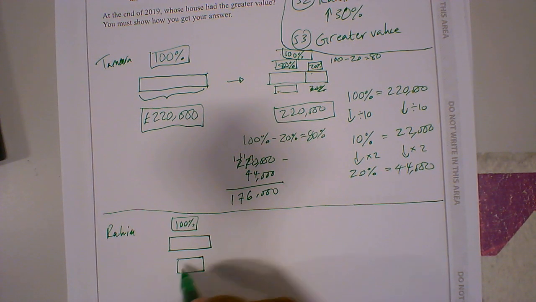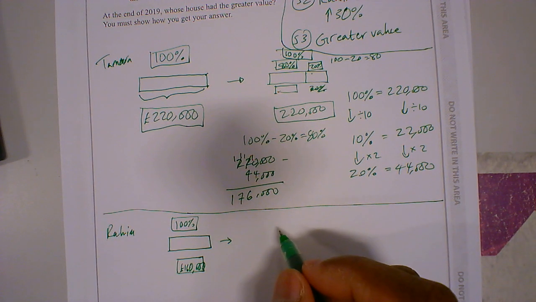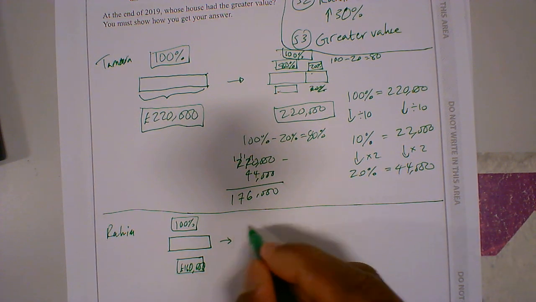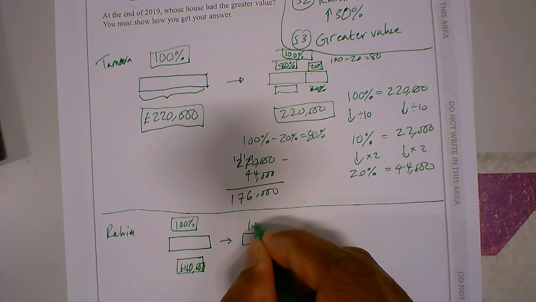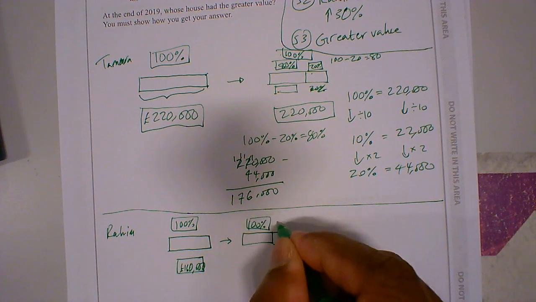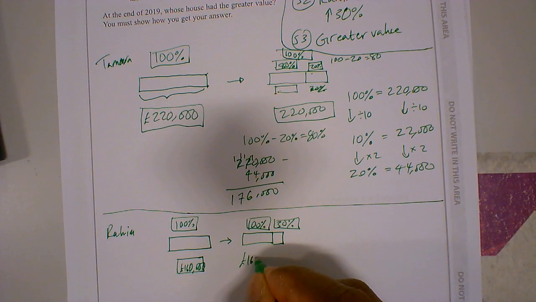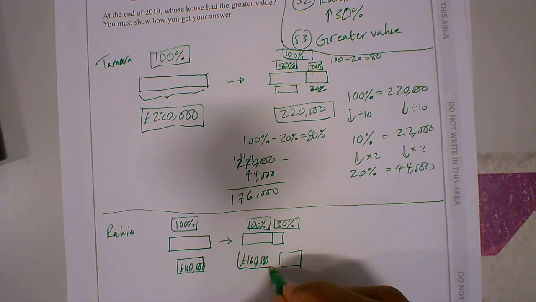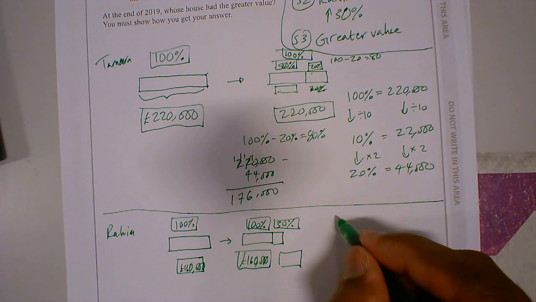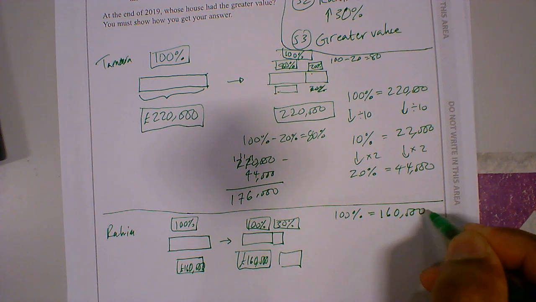On this occasion, this is 160,000, and it's increasing. So I'm adding 30%. So I need to work out what the equivalent of 30% is. So 100% equals 160,000.